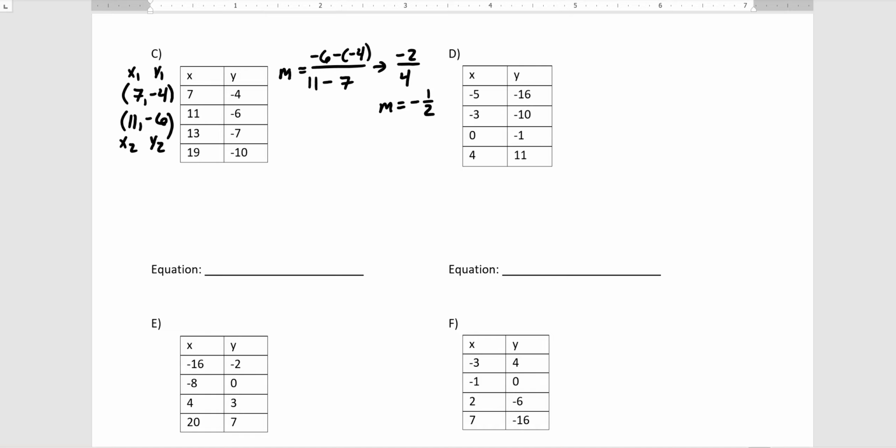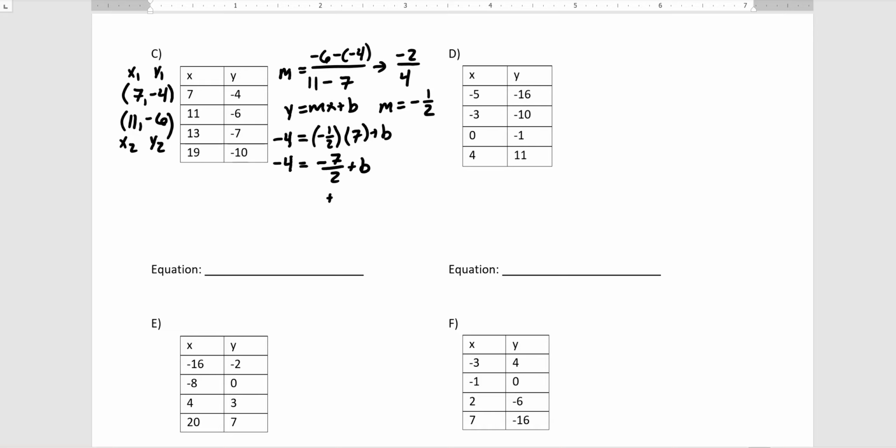All right, so now that I found that slope, let's use y equals mx plus b. So then I'll use that point 7, negative 4. So I'll say negative 4 equals negative 1/2 times 7 plus b. So negative 4 will equal negative 7/2 plus b. Remember, multiplying fractions, we just multiply across.